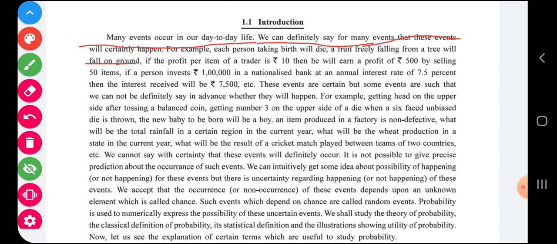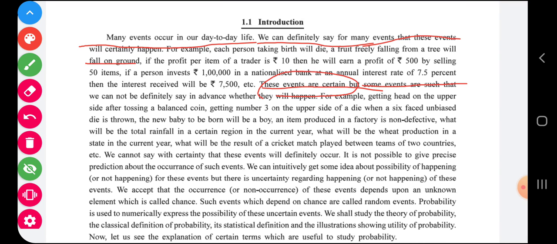If the profit per item of a trader is 10, then he will earn a profit of 500 by selling 50 items. If a person invests 1 lakh in a nationalized bank and the annual rate of return is 7.5%, then the interest will be 7,500, etc. These events are certain. Certain means they are going to happen. There is no doubt in that.